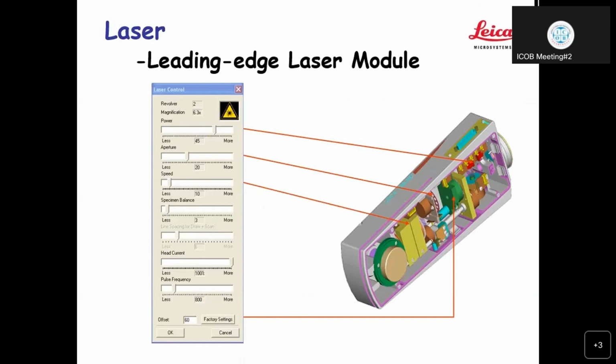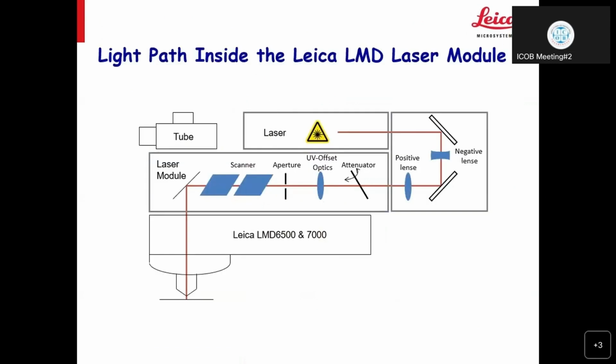In the LMD system, the laser is the most important part. There are parameters that we can adjust in the LMD software. This is the light path inside the Leica LMD laser module.